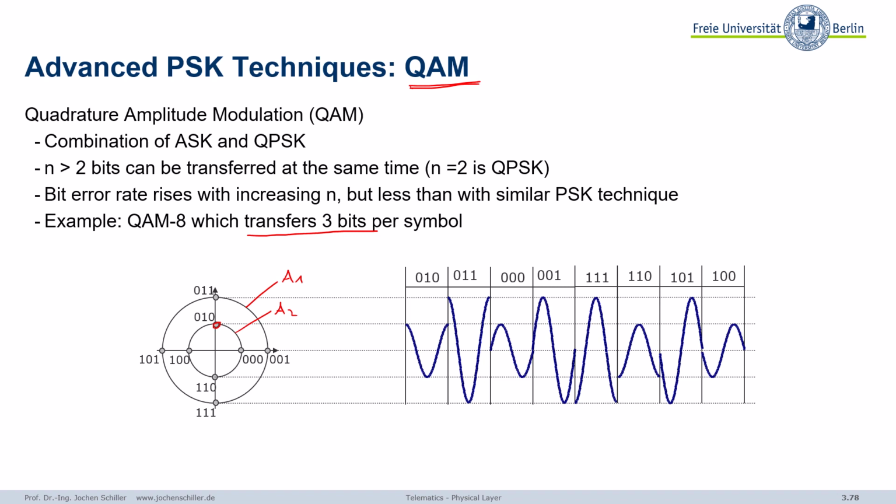And you see that this is also reflected in these snippets of the carrier. In reality there are many more, but shown here is just part of it. If you transmit 1, 0, 1, and after this you transmit 1, 1, 1, that means you jump from 1, 0, 1 to 1, 1, 1, which is a phase shift of pi, or 180 degrees, no matter clockwise or counterclockwise, plus you change the amplitude from A2 to A1.